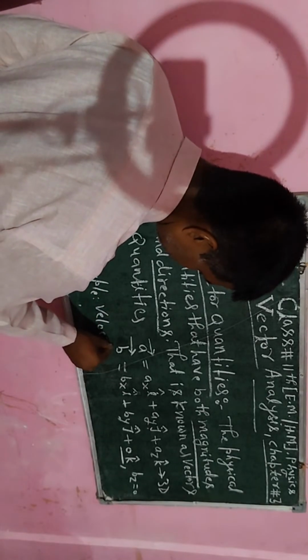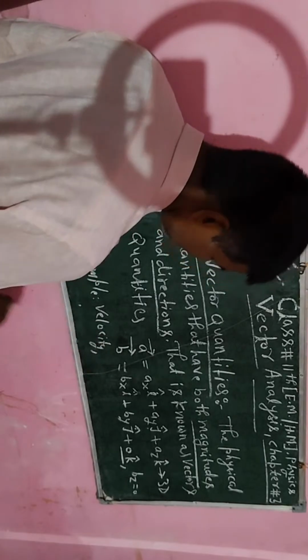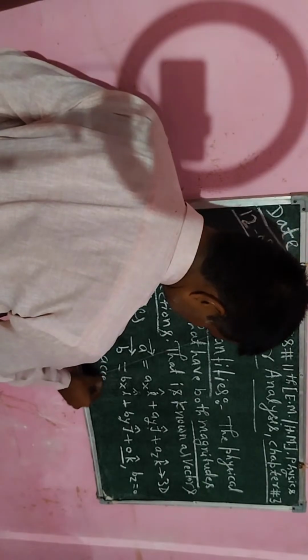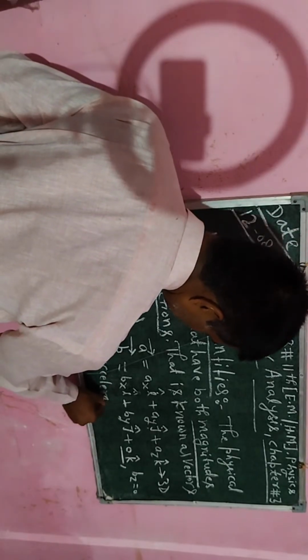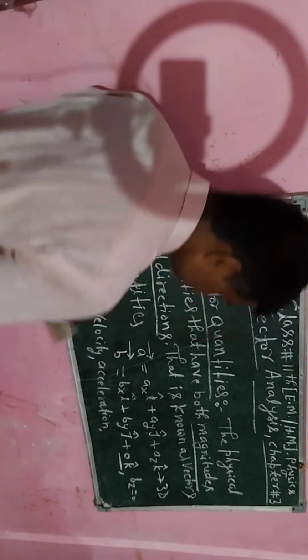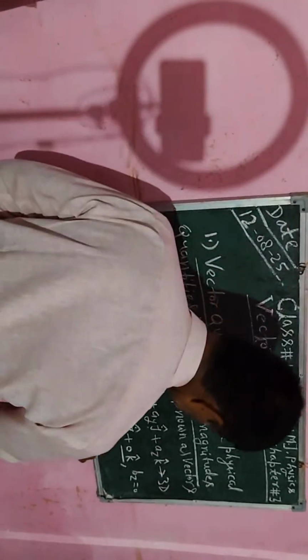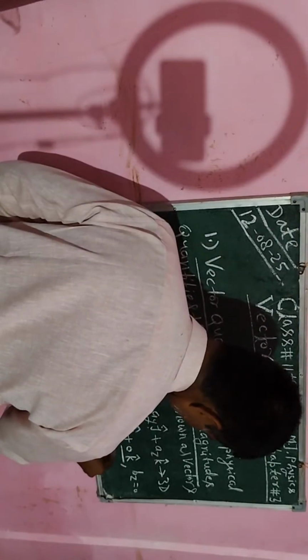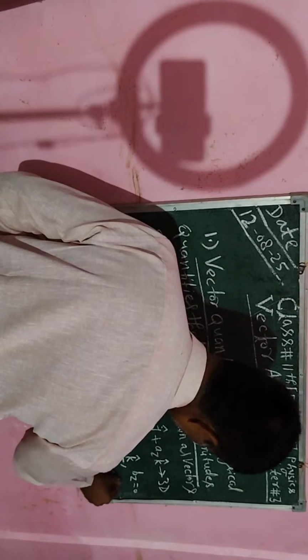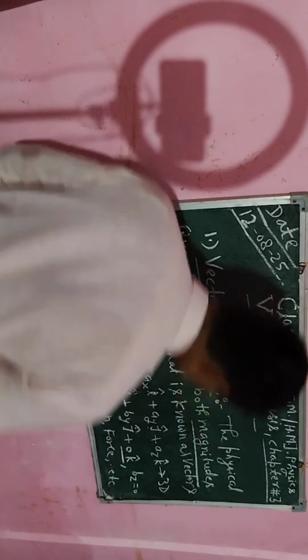This is also a vector quantity. Next I will say acceleration. This is also a vector quantity. Next I will say force. Force is also a vector quantity, etc. So these are the physical quantities.